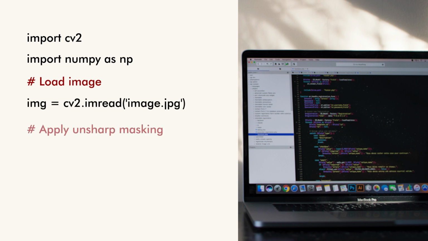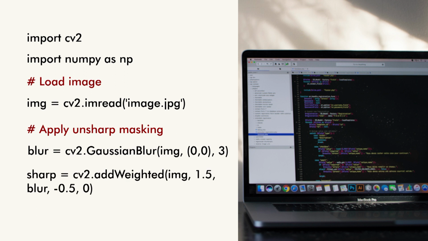So in this code we have to learn that first we have to import the library function, then load the image, after that apply unsharp masking with the Gaussian blur function and addWeighted function, then show the result. So this code applies unsharp masking to the input image using a Gaussian blur with a kernel size of 0, 0 and a sigma of 3, which is predefined.